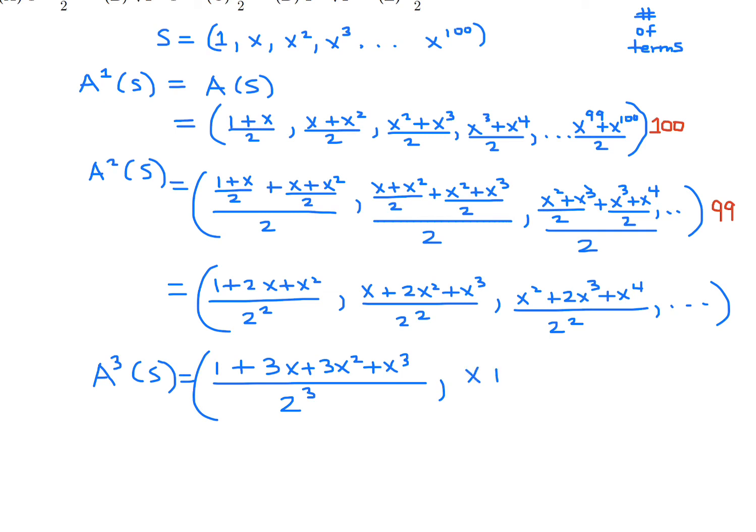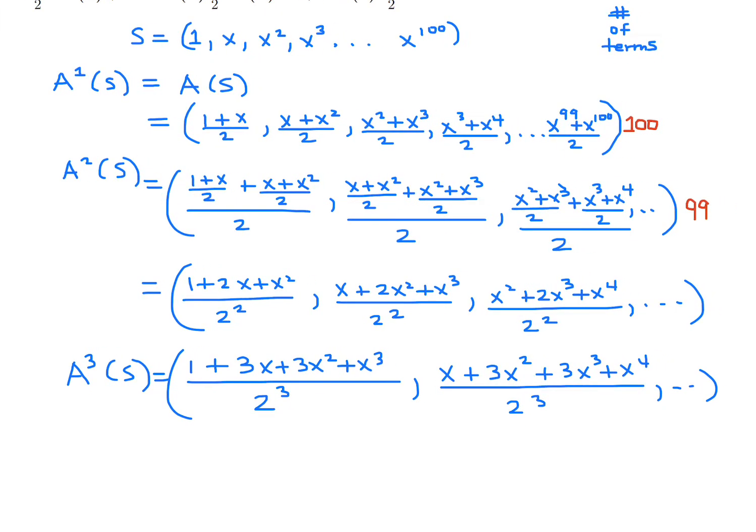And the second one, x plus 3x squared plus 3x cubed plus x to the power 4 all over 2 squared, which would be 2 to the power 3, dot, dot, dot. And this has 98 terms. So put that 98 in there, number of terms.